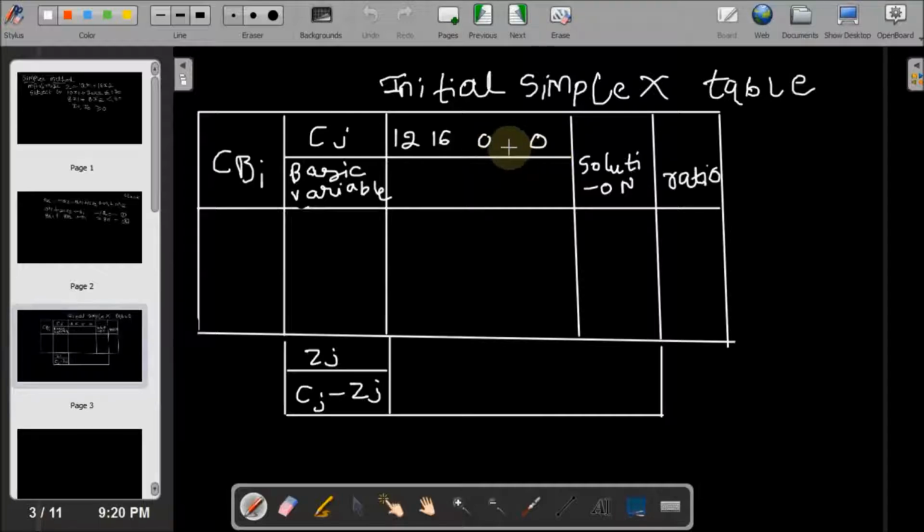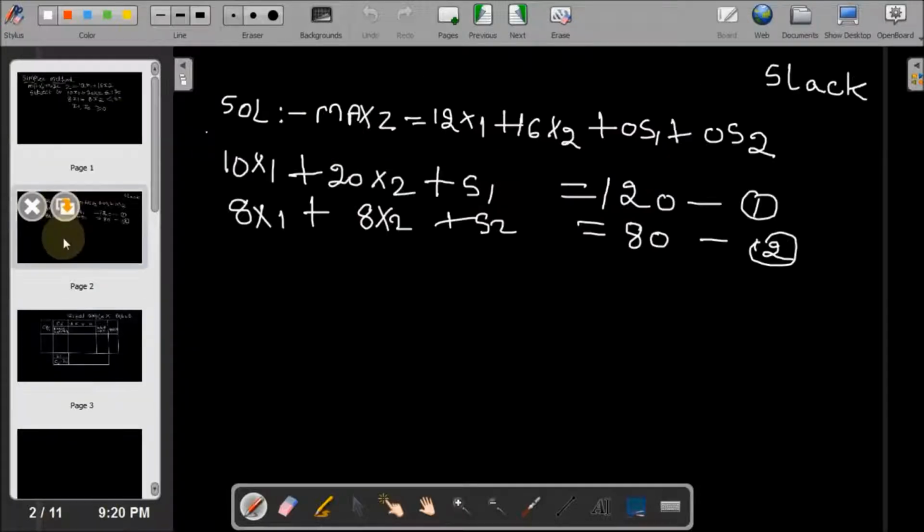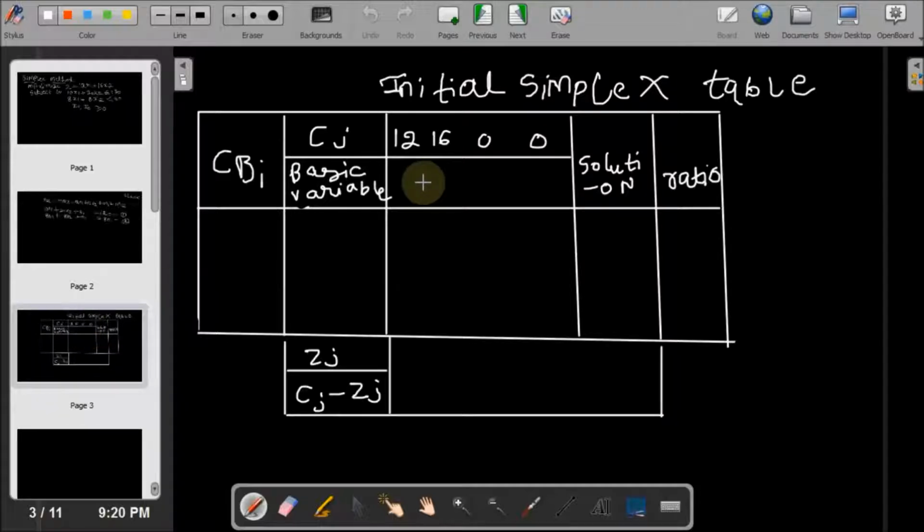Now the basic variables. What are the basic variables? My basic variables are x1, x2, s1, and s2. Sorry for the handwriting, guys.